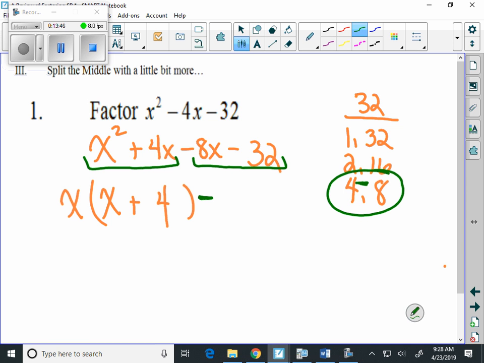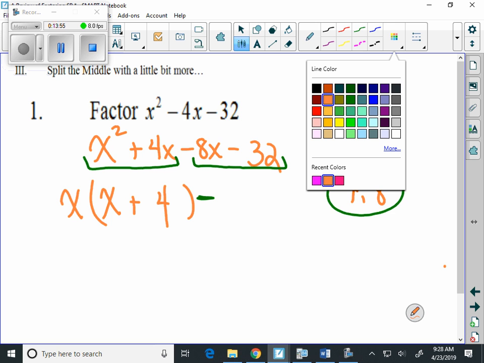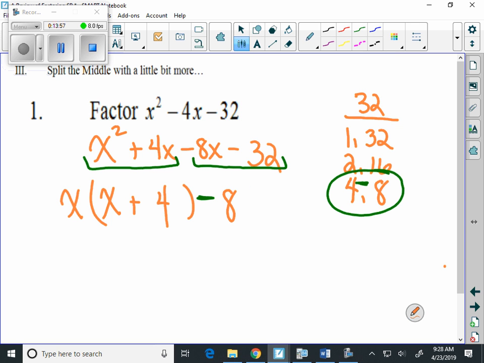Be careful, there's a minus. You really want to write that minus down. But when we look at the greatest common factor, in terms of numbers, it's 8. Negative 8x divided by negative 8 is x. Negative 32 divided by negative 8 is positive 4.